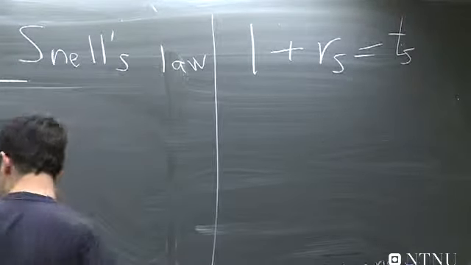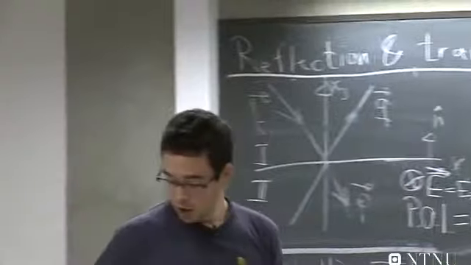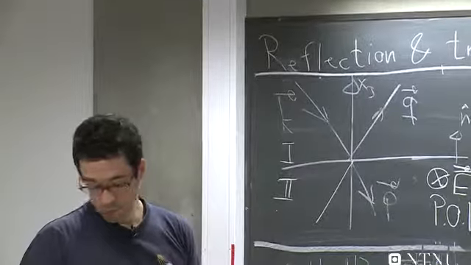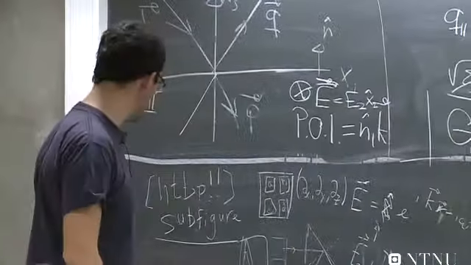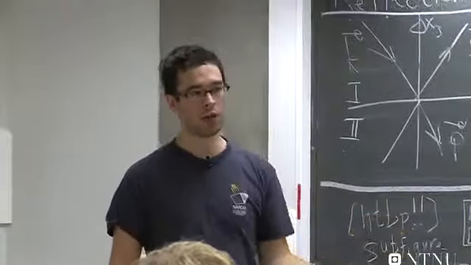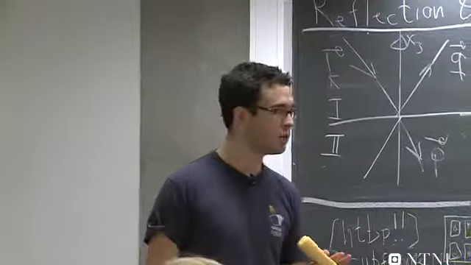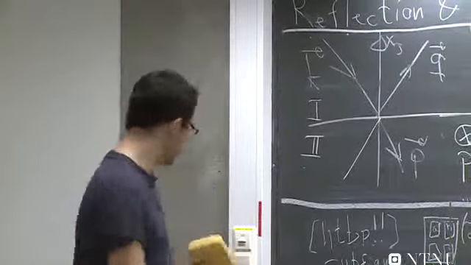Okay. And now we need another boundary condition, because we want to find out what rs and ts are, but we only have one equation and two unknowns. So I need one more equation, and then I'm going to look at another boundary condition.